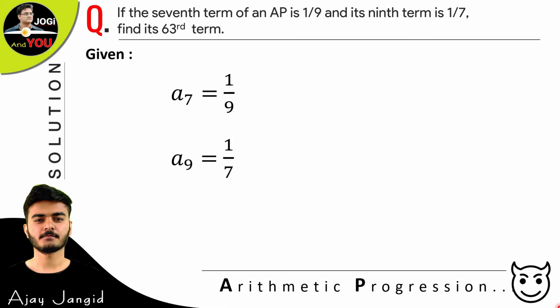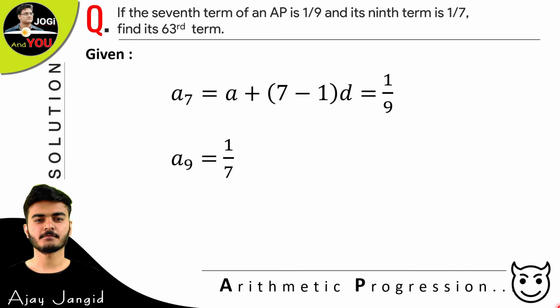And you know very well what the formula of the nth term is. Whether it is the 7th term or the 9th term, the formula is the same. So we apply the formula for the 7th term, which is a plus (7 minus 1) d. The standard form of this formula is an equals a plus (n minus 1) d.